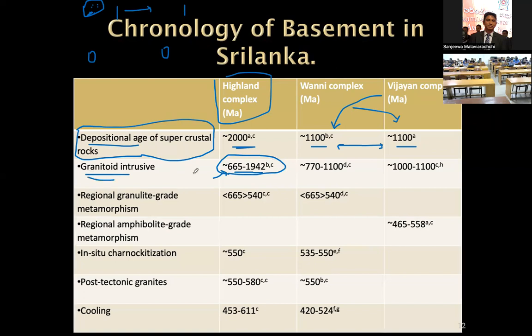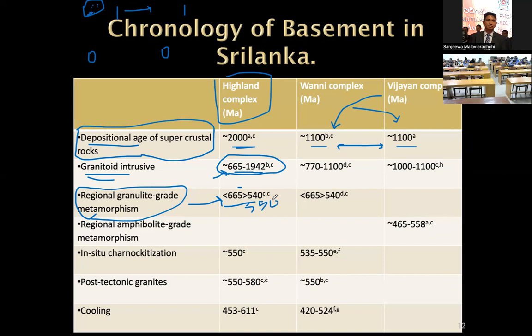Later on, the metamorphic age, we know the regional granulite phase metamorphism. Here you can see it's less than 665. It's like 540 to 610 actually. Although it's given like this, you can say it precisely 550 to 610 million years ago.